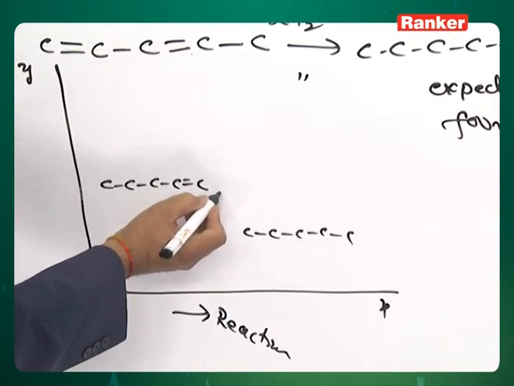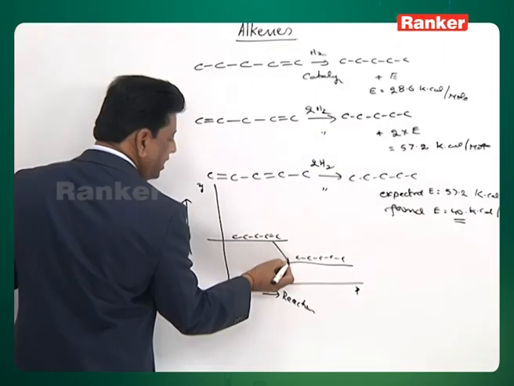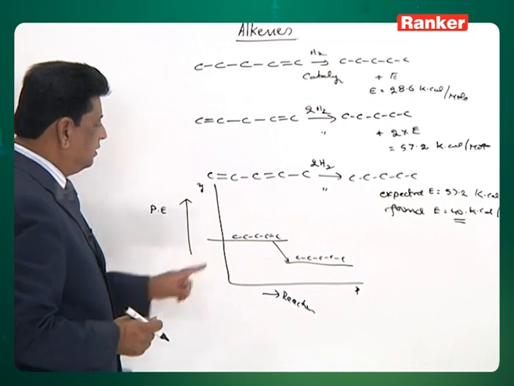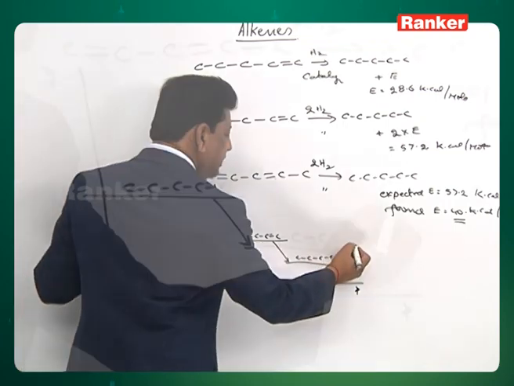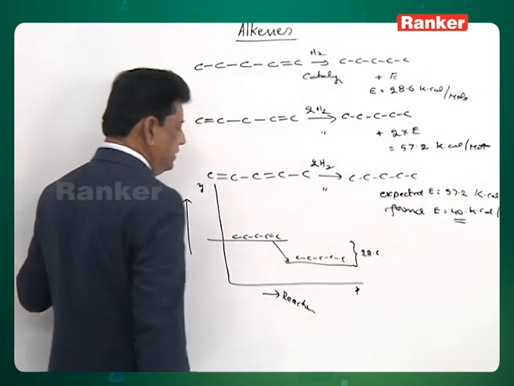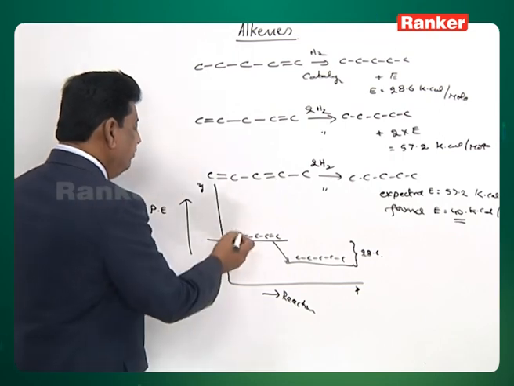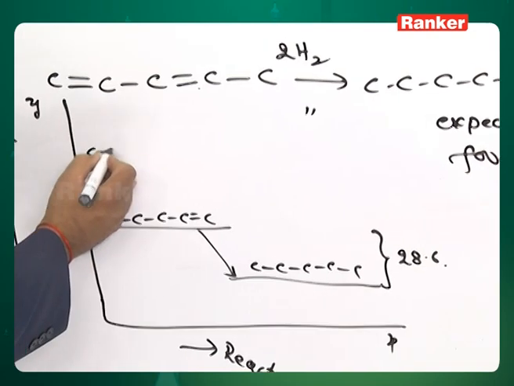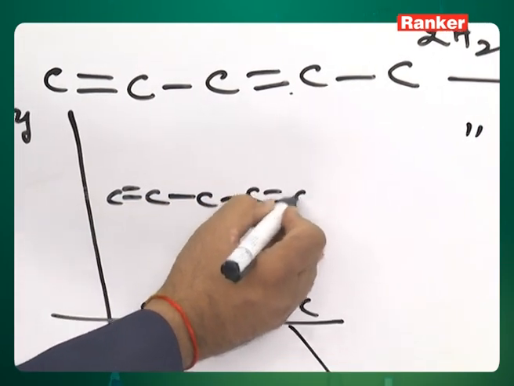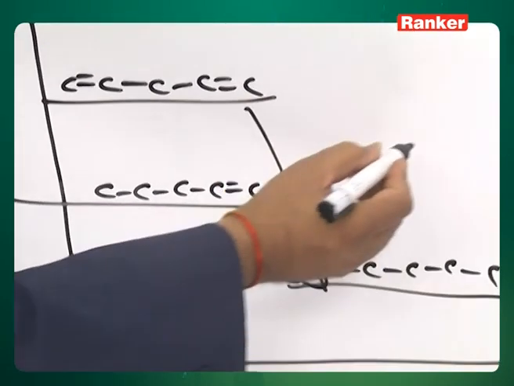When this compound is converted from pentene to pentane, some energy is released. This energy is identified as 28.6 kilocalories, right. Now, naturally, if a compound has two double bonds, one double bond and another double bond, unconjugated, when this is converted, you will get exactly double.